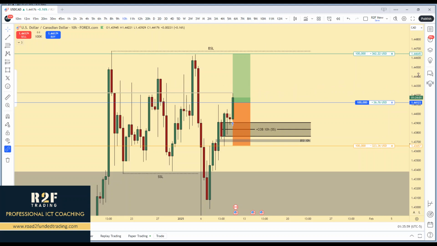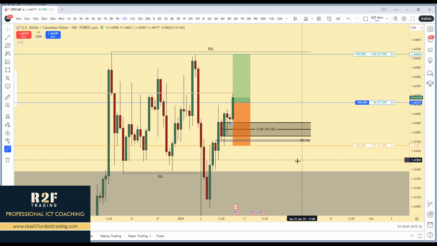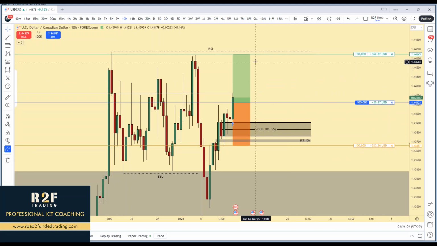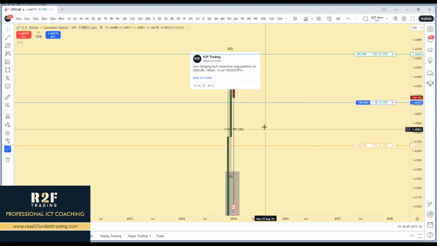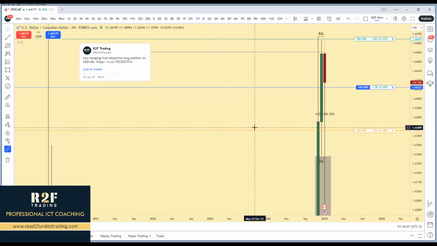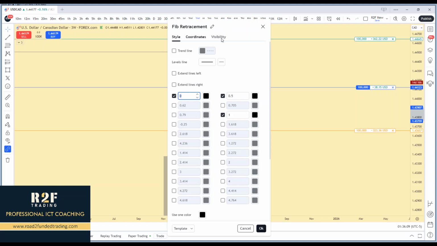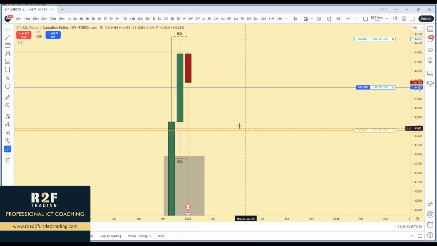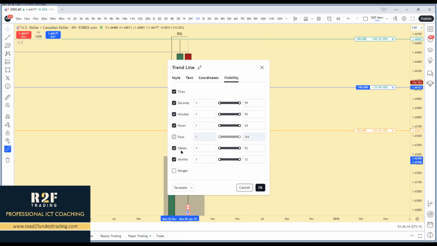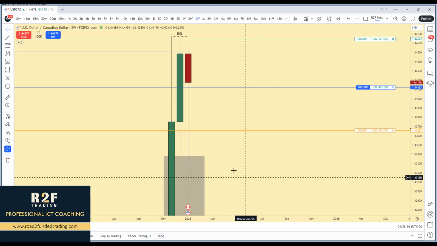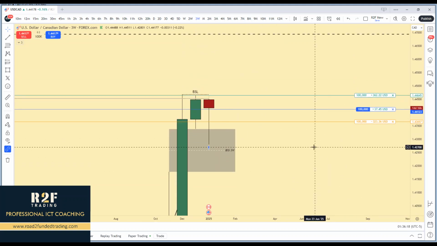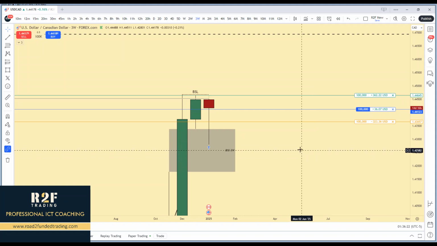So let's talk about bias and narrative first. If we go to the 3-week over here, let me hide this on the daily time frames as well. First of all, you're expecting higher prices on $CAD, right?